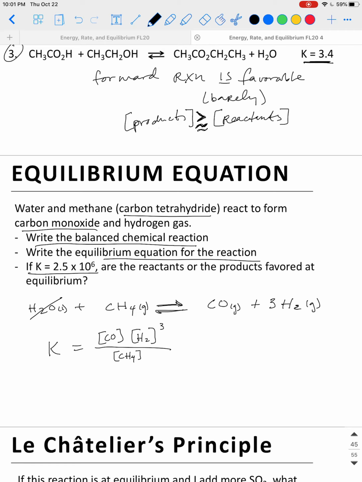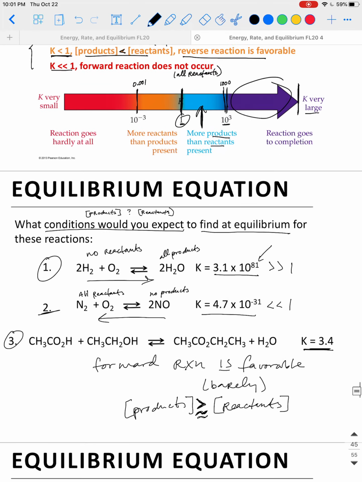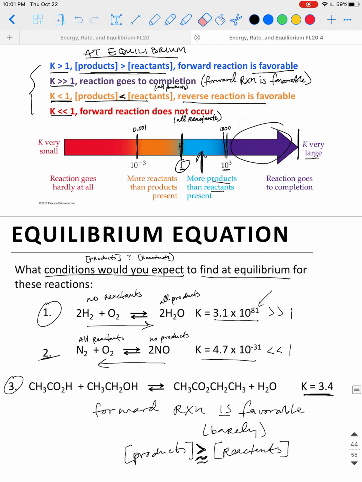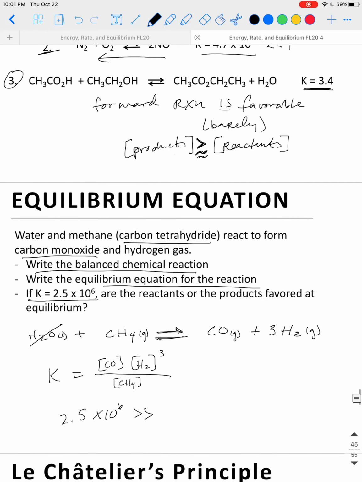Now it says, if K is 2.5 times 10 to the power of 6, are the reactants or the products favored at equilibrium? Well, 2.5 times 10 to the power of 6 is much, much greater than 1 or 1,000. If you look at this arrow, that is definitely in the purple region.